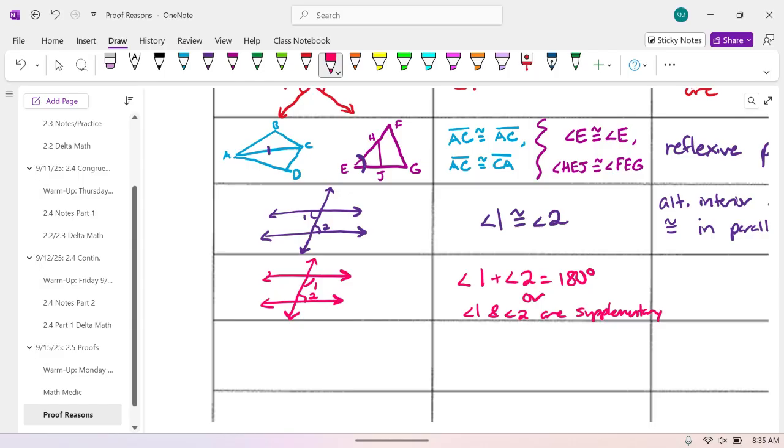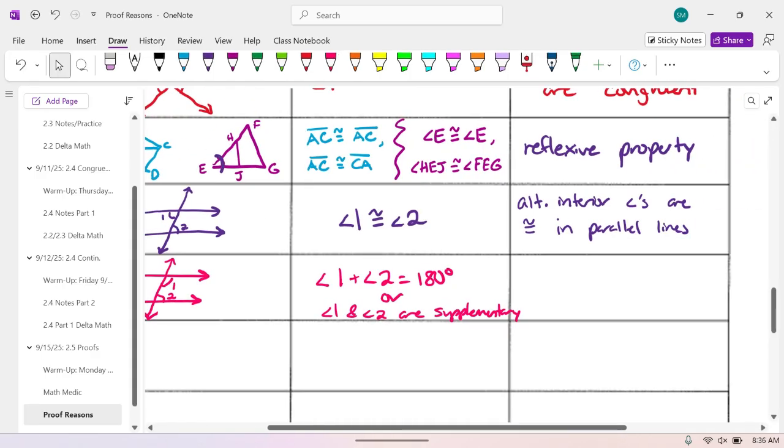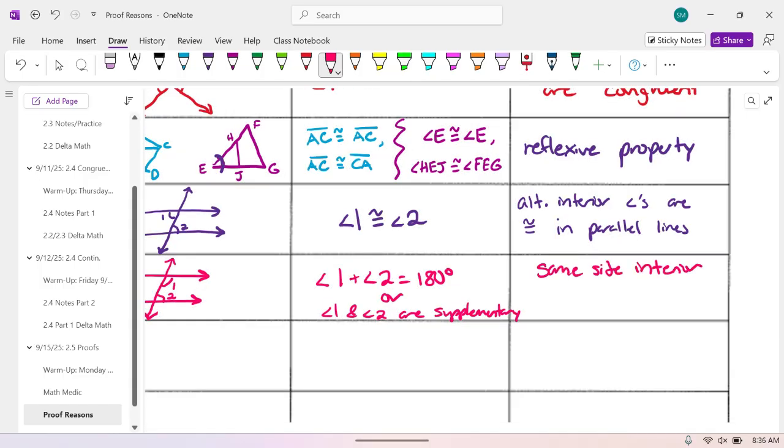They're pretty much the same thing, just written differently. Now, why are they supplementary? What makes them supplementary? They're same side interior. Same side interior angles are supplementary.